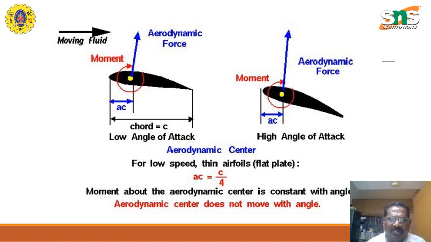The aerodynamic center does not move with the angle, whereas the center of pressure moves with the angle of attack. The aerodynamic center is at a distance along the chord C from the leading edge to the place where the aerodynamic force is said to act.